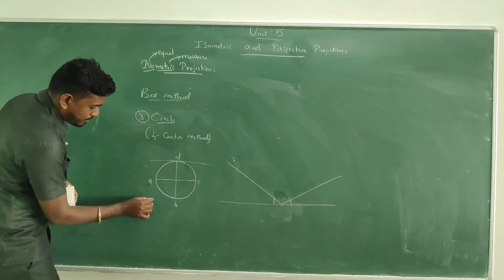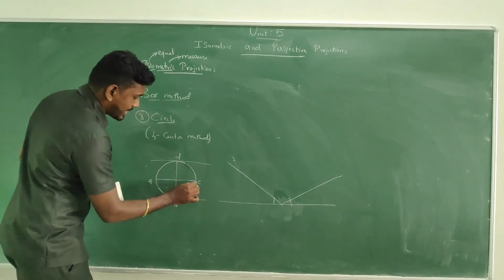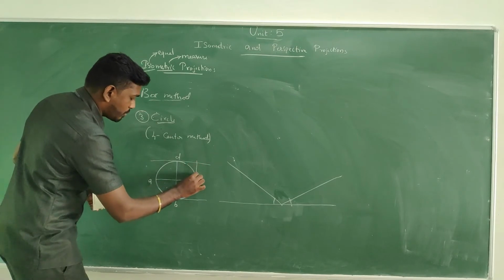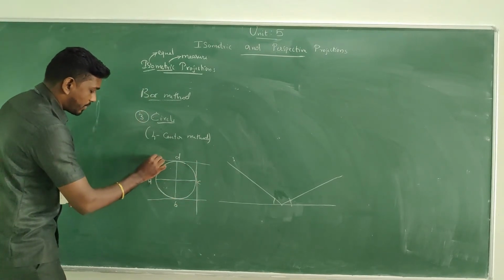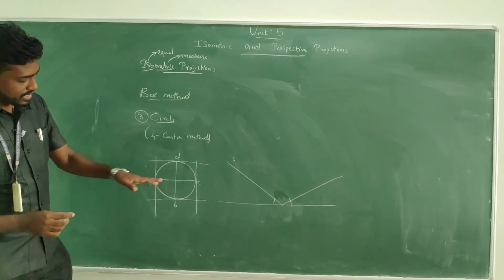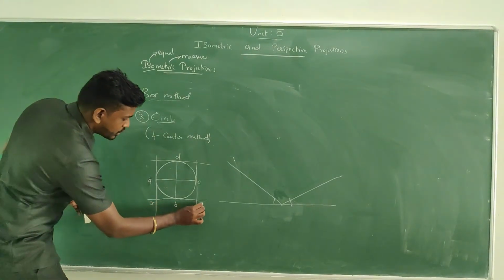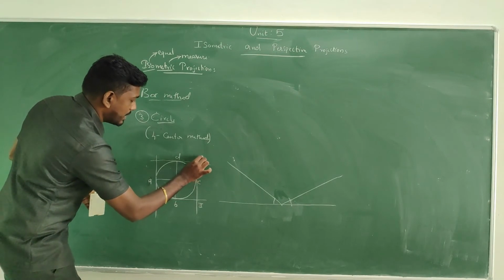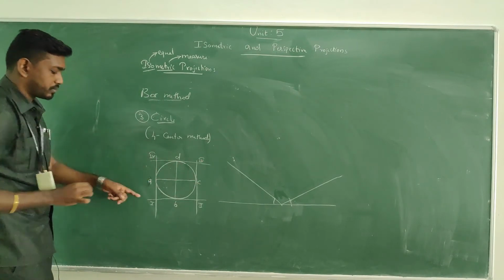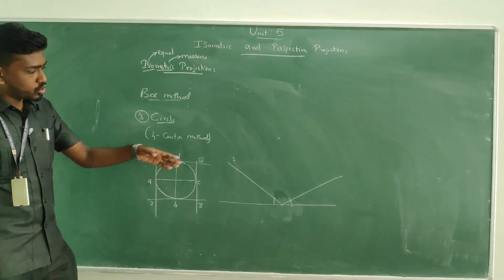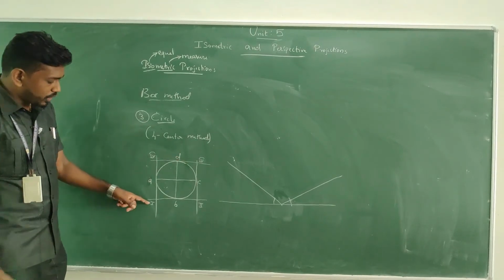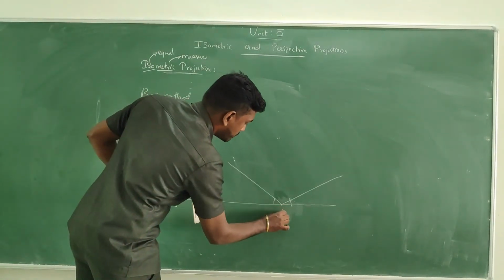At the extreme portions, you need to draw the tangent lines like this at the top, bottom, and at the left and right of your diagram, so that you get the boundary. I am going to specify it as 1, 2, 3, and this is 4. Now to take it into the isometric view, I am going to take this as 1.